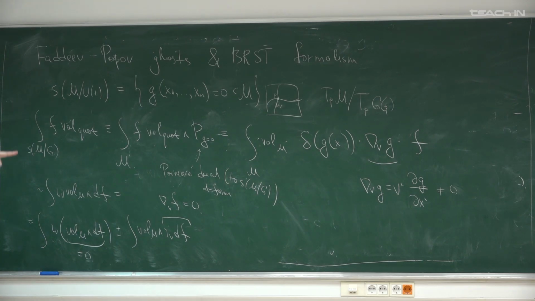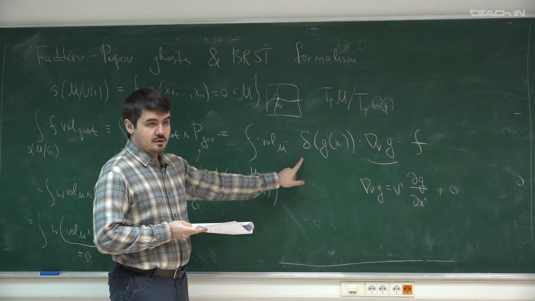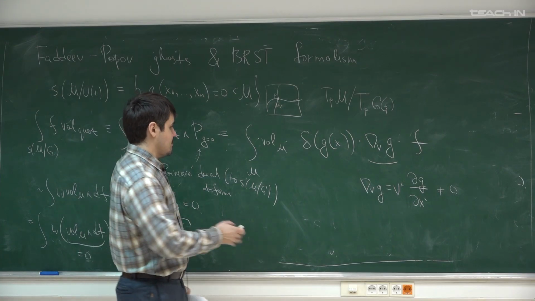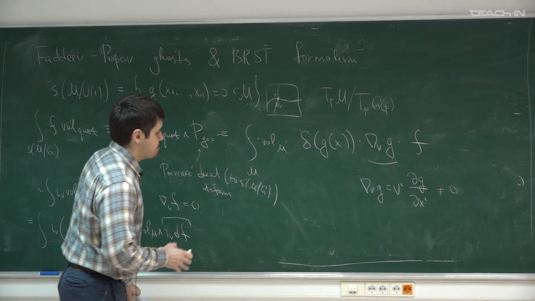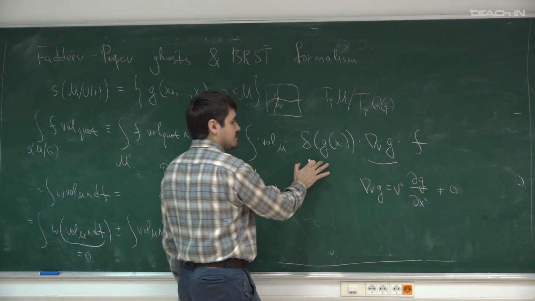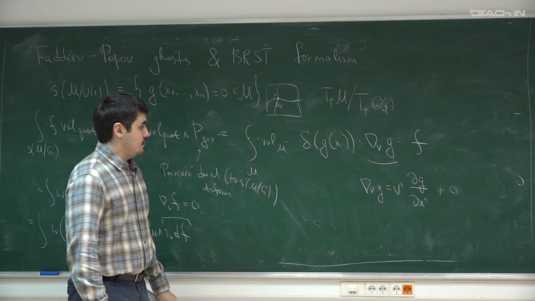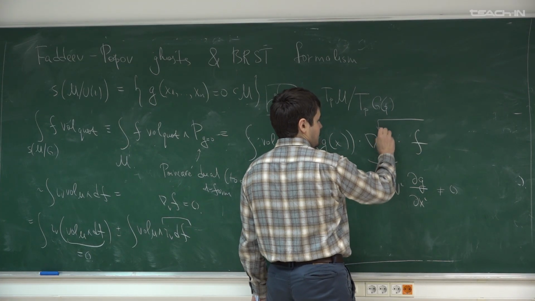I mean, this is the key formula that basically works for all cases, including infinite dimensional ones. So basically, that's why we have been driving this. The point is that an integral over some invariant function can be written as an integral over the slice with this kind of measure. So in particular, this guy in this setting is called the Faddeev-Popov determinant.